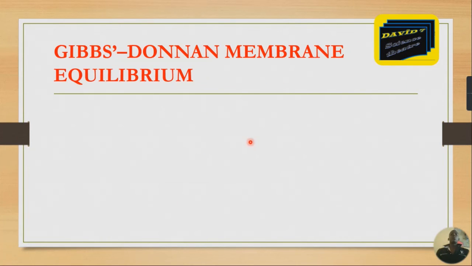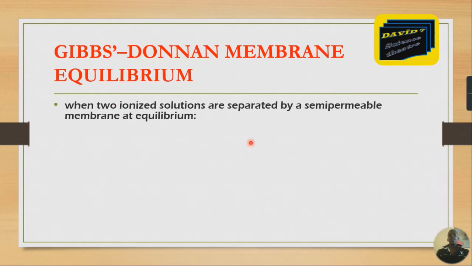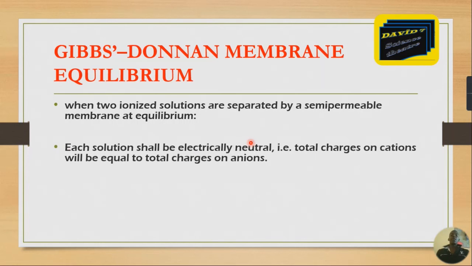Okay, so Gibbs-Donnan membrane equilibrium. I didn't expound more on this, but I want you to have some idea, for we shall talk more about it on the board when I'm calculating some questions, in another video, not this one. When two ionized solutions are separated by a semi-permeable membrane at equilibrium, each solution shall be electrically neutral, i.e. the total charges of cations will be equal to the total charges on anions.